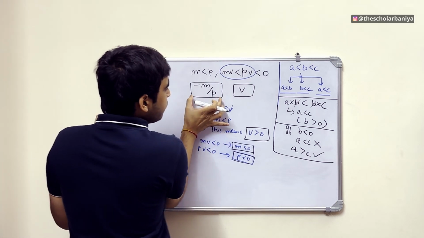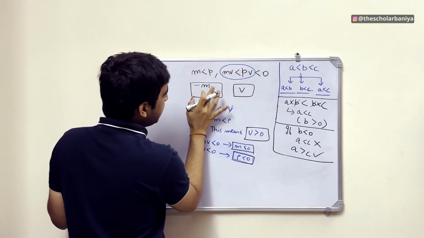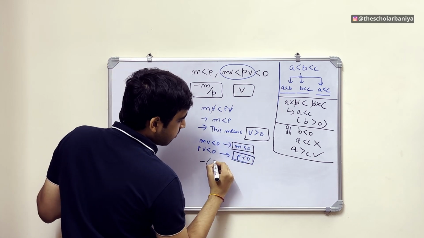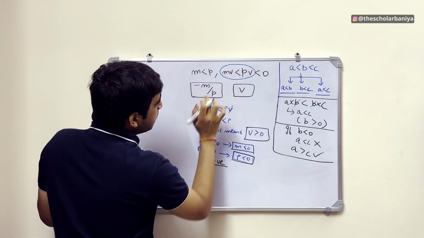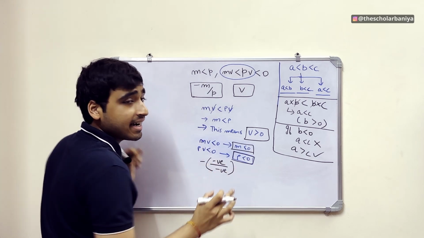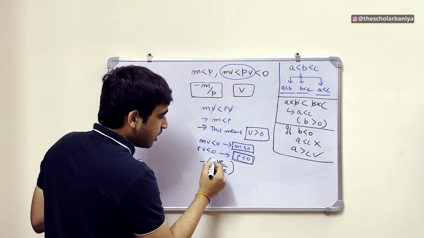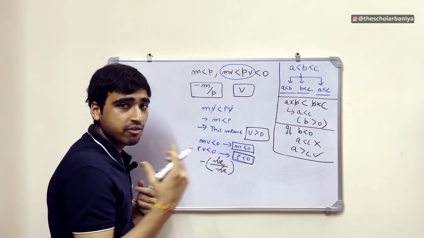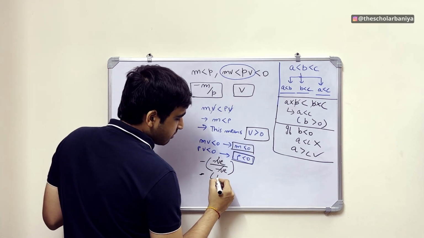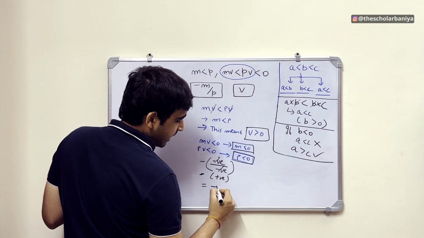Now, if you see minus m by p, minus m is negative upon p is negative. Negative upon negative is positive because they cancel out. So minus times positive will be negative.